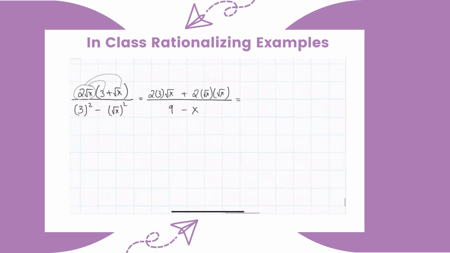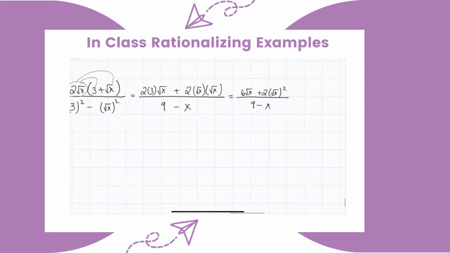Are you able to figure out what this will result to? That'd be 6 root x plus 2 root x squared. Okay, we could do an extra step. Would that just be 8 root x cubed? Nope, not 8.